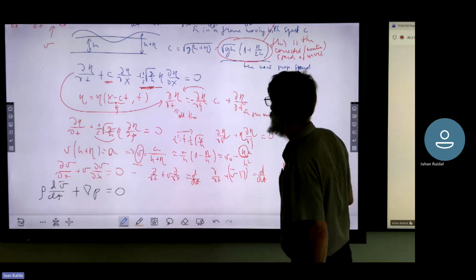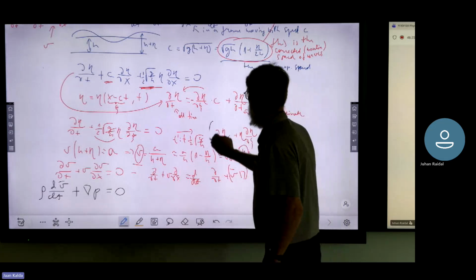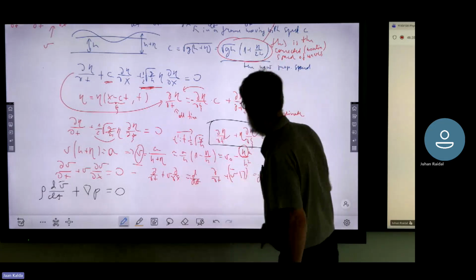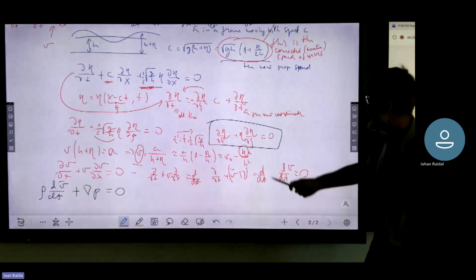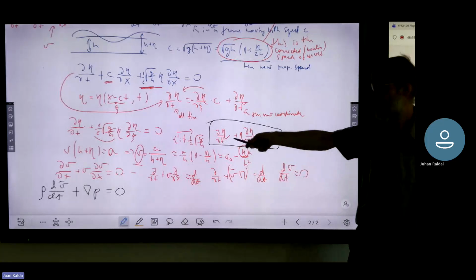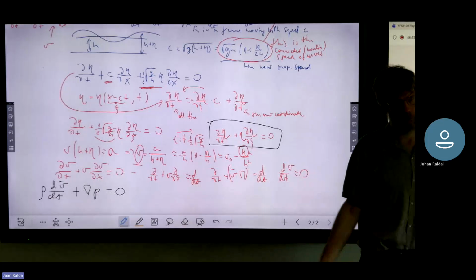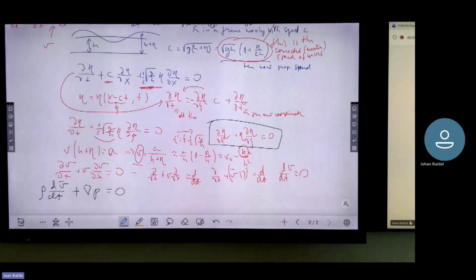Technically, we obtained an equation for eta, wasn't it? It's just a mathematical expression. We can say, okay, let eta be the speed of something. It was supposed initially to be the height of the wave, but we can instead say that the height of a wave is like the speed of something. All right.